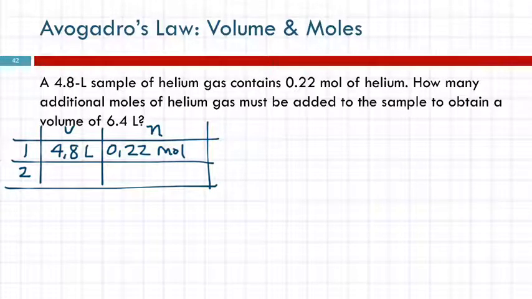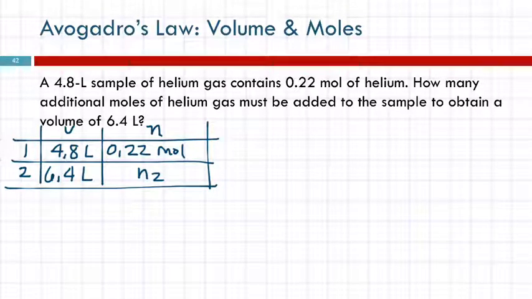So lowercase n stands for amount of gas in moles. And then how many additional moles must be added to obtain a volume of 6.4. So 6.4 liters is the final volume. And we have one blank in our table, and we'll call that n2.